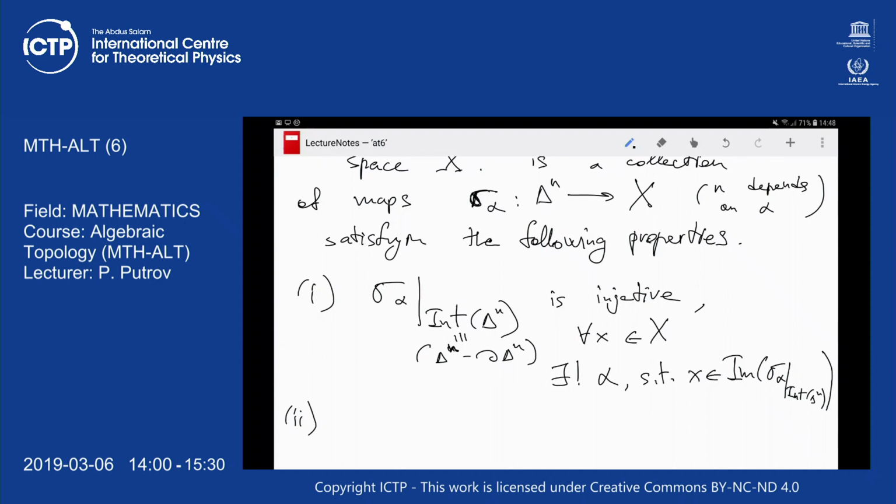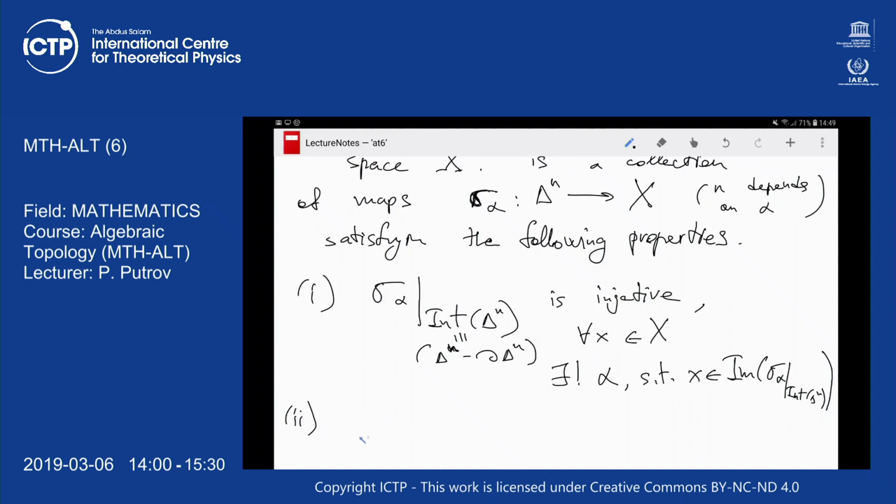Yes. So if we take one point on this boundary, there should be some other alpha. Yes, but the images of the whole simplices will have an intersection, while the images of the interiors don't have an intersection. Let me continue.